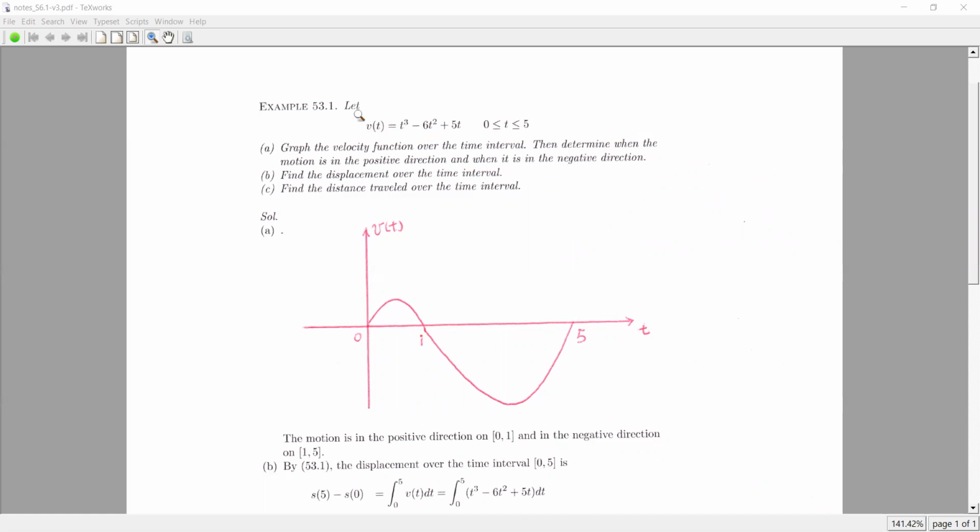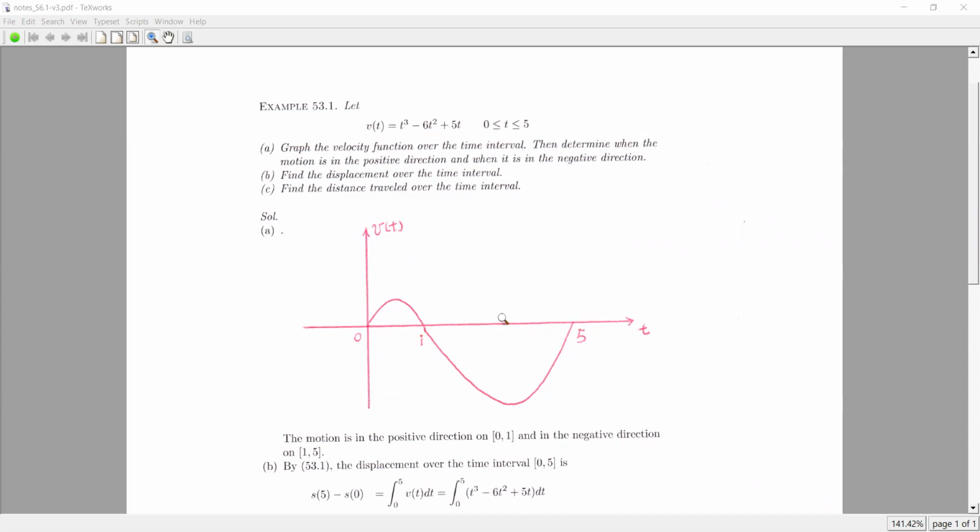I plot the graph of the velocity function here, this curve. You can use a graphing calculator to plot the graph. From this diagram, we can see that when time is between 0 and 1, velocity is positive.